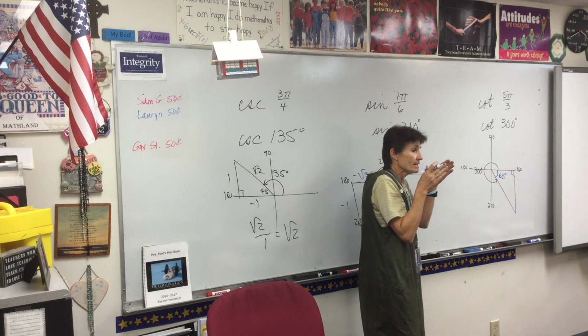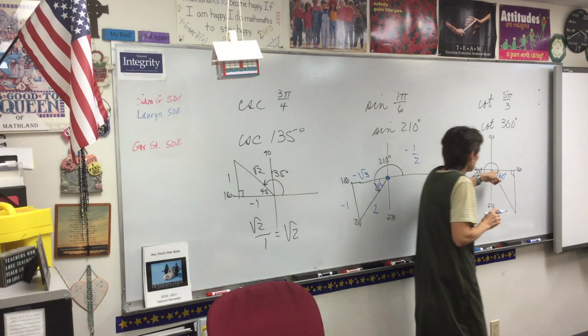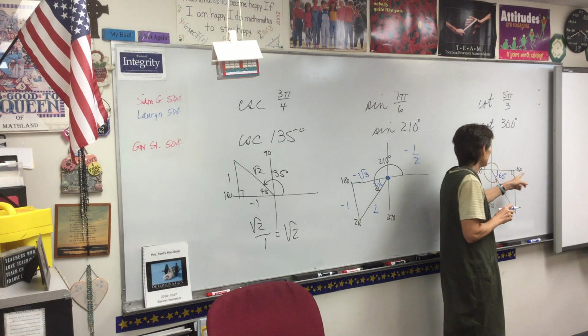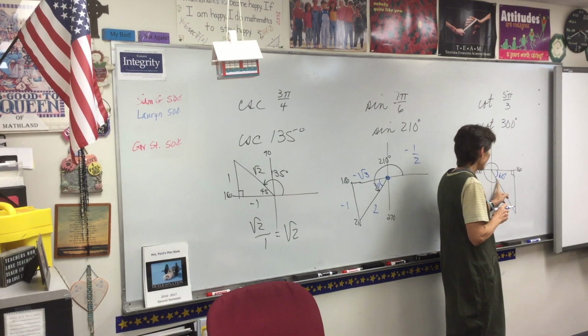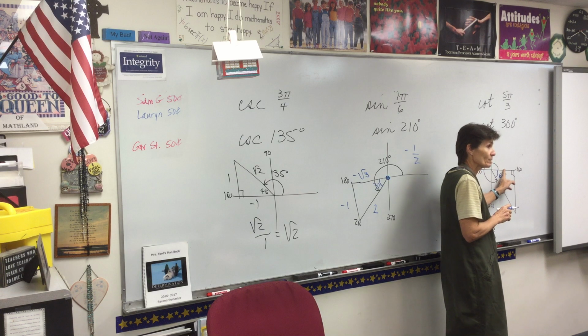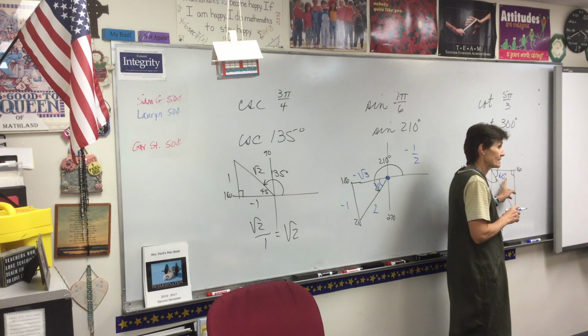Again, see, this is where you just have to engage your brain. If you went all the way around, it would be 360, right? We didn't go all the way around. We stopped before we got to 360. How much before 360 did we stop? 60 degrees.